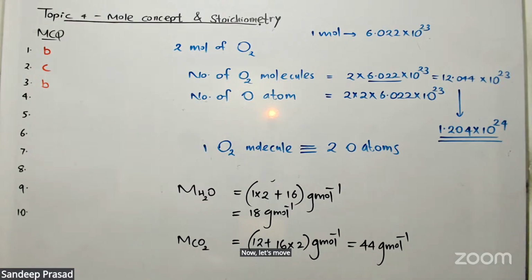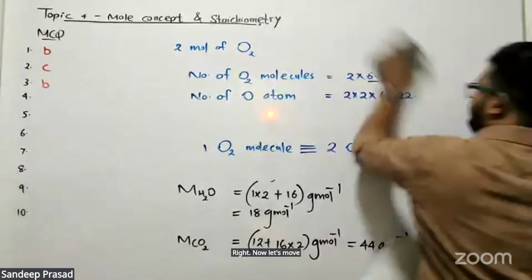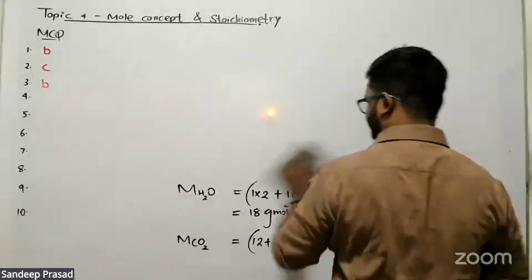Now let's move to question number 4. In question number 4, they have given the number of moles in 27 grams of aluminium, right?